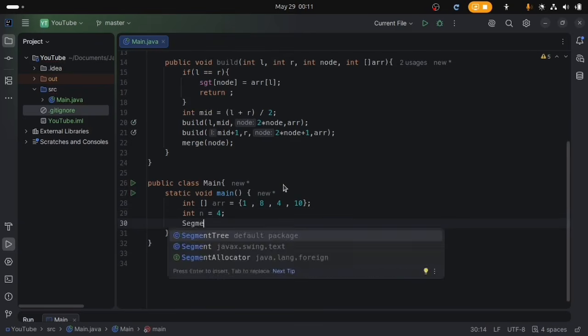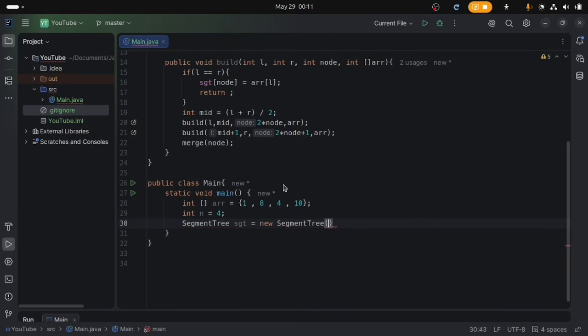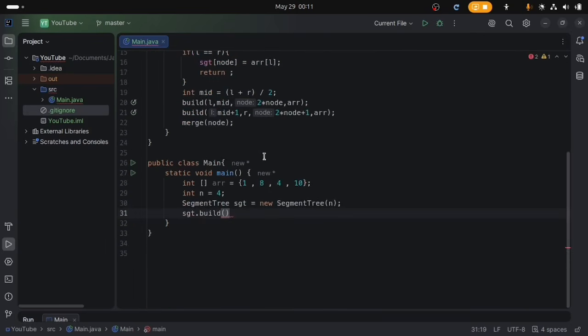Let's create the object of our segment tree. sgt equals new segment tree, and inside that we will pass the size of our array. And once the object is built, we will build our segment tree. Now we have to pass L and R. So my L is 0 over here, R is n minus 1, that is 3, because 0 1 2 3. Our node will be 1. As I told earlier, we will be doing 1 based indexing over the sec tree array, and let's pass our array. That's it.